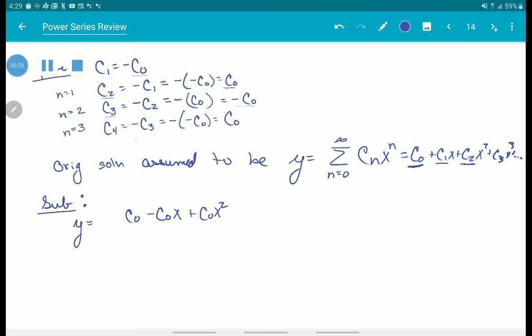We said c3 was a negative c0. And then we said c4 was a positive c0. So all of those have that c0 in common.